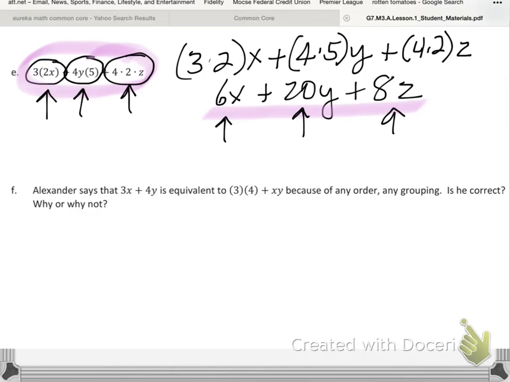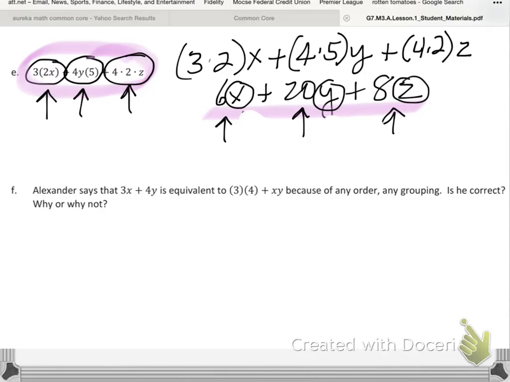So we can't have 4 plugged in for the x, the y, and the z because they're all different. Since these variables are different, the z and the y and the x, they can never represent the same number to be plugged in.